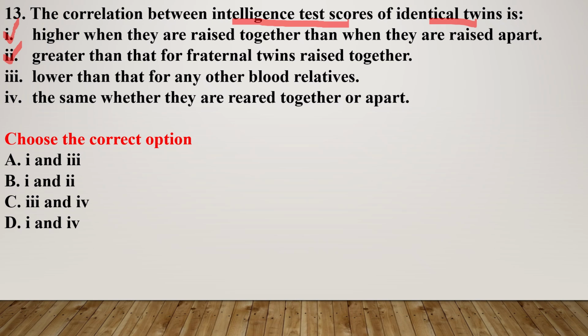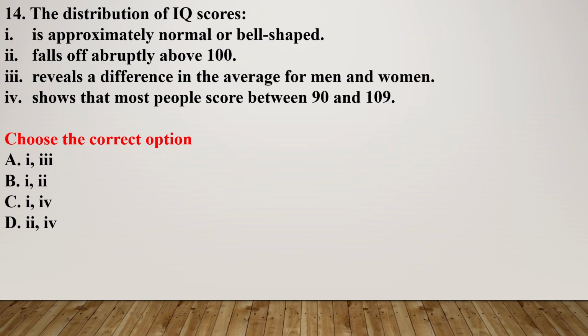Now both these statements indicate that heredity is important. The third is lower than that of any other blood relatives. That is wrong. The same whether they are reared together or apart. Again it is wrong. So the answer for question number 13 will be B, 1st and 2nd.